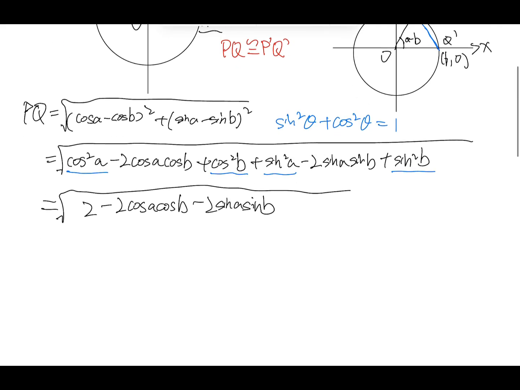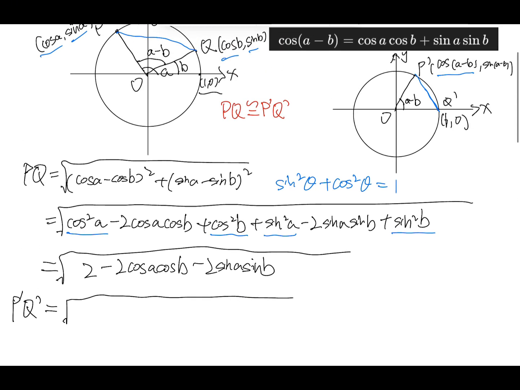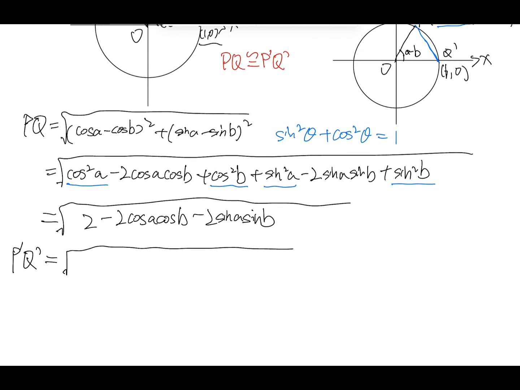So let's see P prime and Q prime. What does that equal to? Look up here for the coordinates. We can see that P prime Q prime equals the square root of cosine A minus B minus 1, whole thing squared, plus sine A minus B minus 0 squared. But because it's minus 0, we can just not care about this and just write sine A minus B squared.